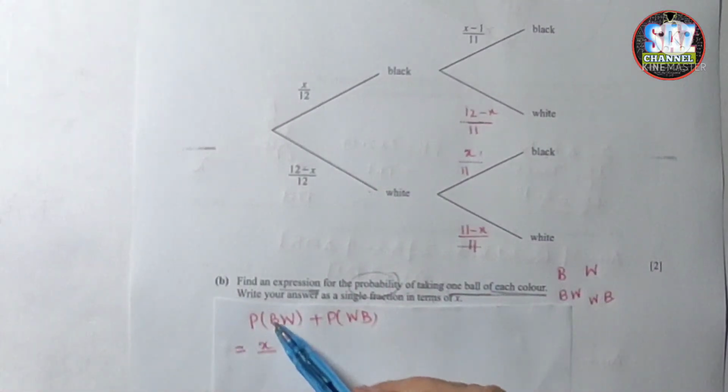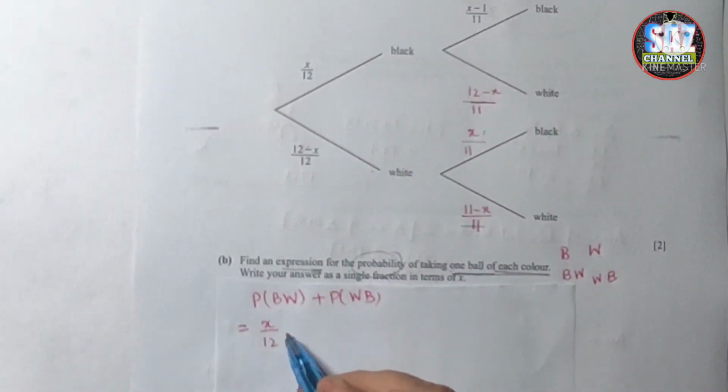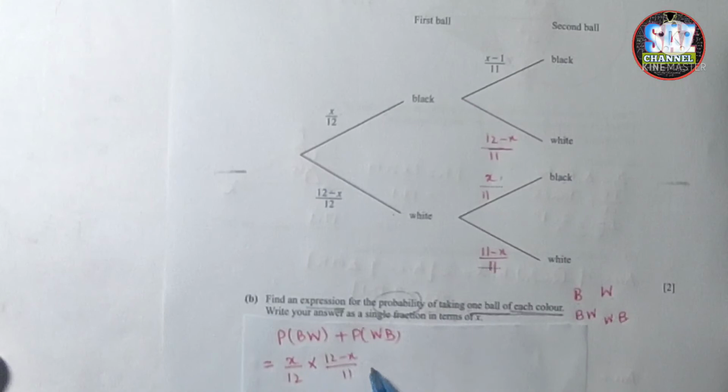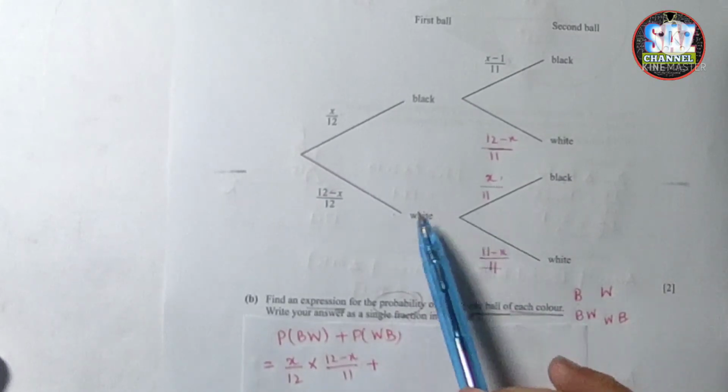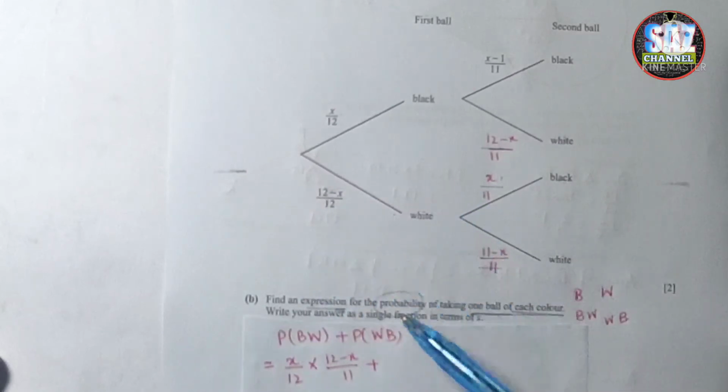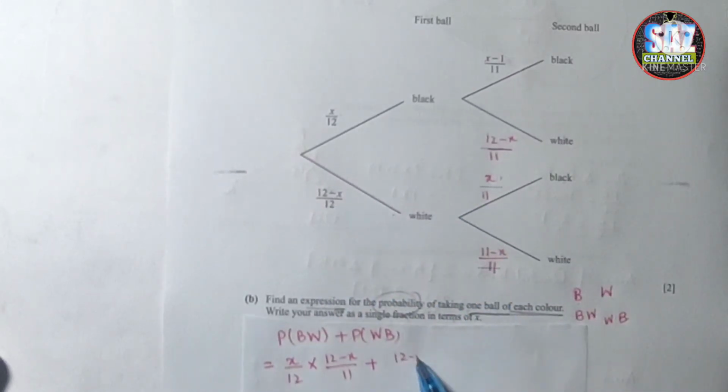Choices for black ball are x by 12 multiplied by choices of white ball are 12 minus x by 11, plus white having 12 minus x by 12 multiplied by x by 11.